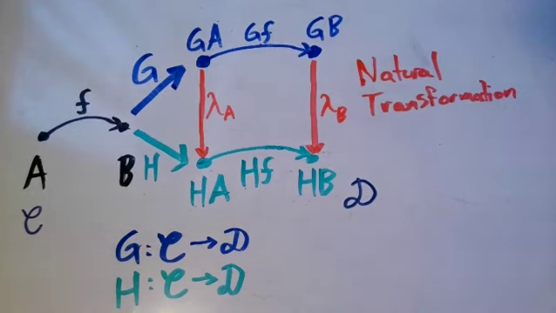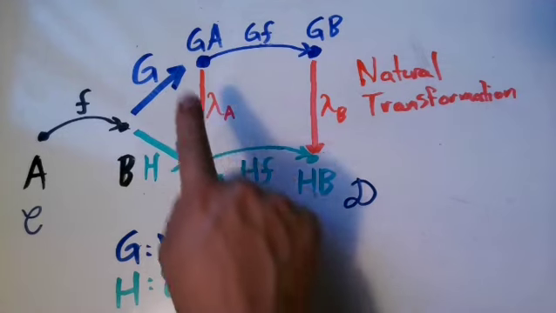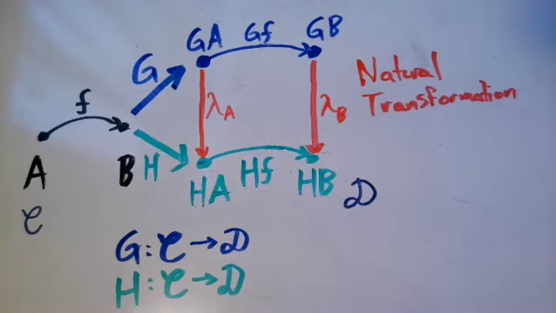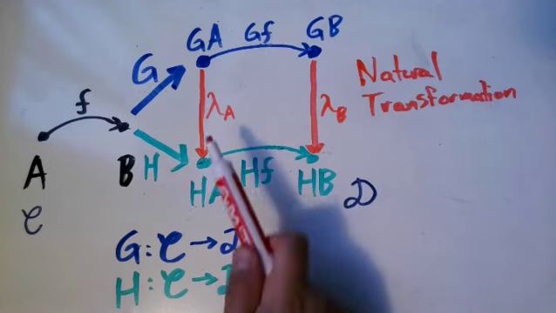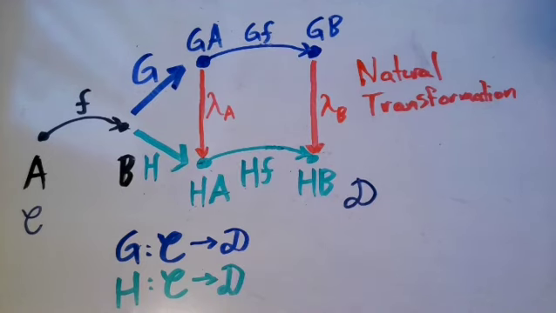This would mean that we are mapping between the images of the functors. And so a mapping between functors is not a single morphism, but rather a collection of morphisms, one for each object in the category, which we call the component of the natural transformation for that object.